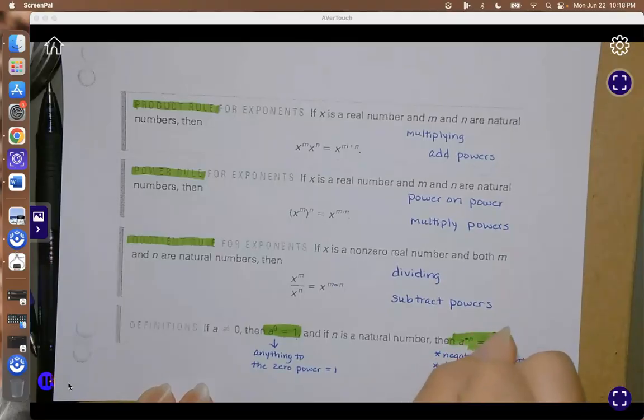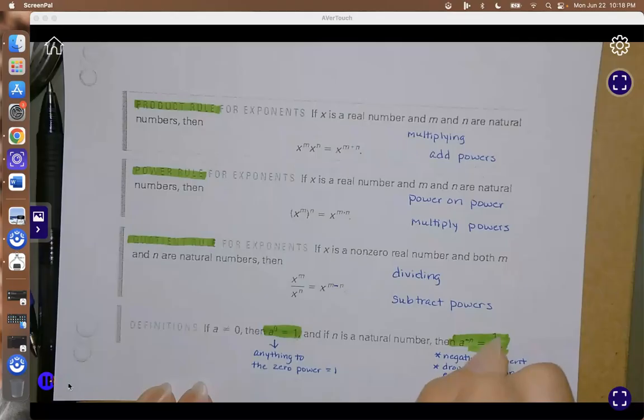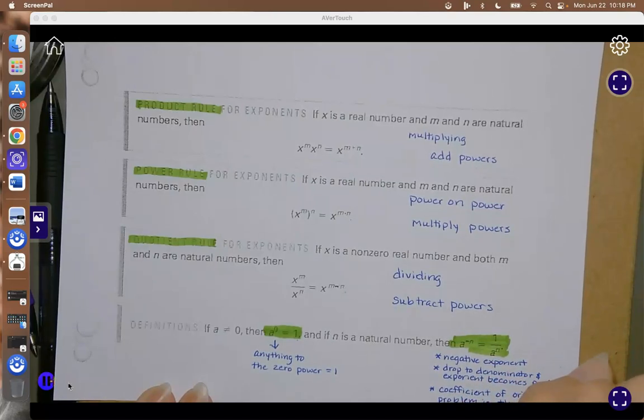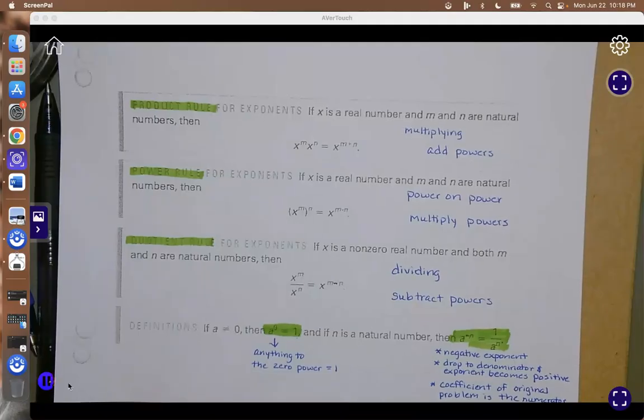The coefficient of the original problem is the numerator. And what I mean by this, if there was a 3 in front of that a, then the 3 would be your numerator. Since there's nothing there, there's an understood 1. That's why you put a 1 there. Okay?